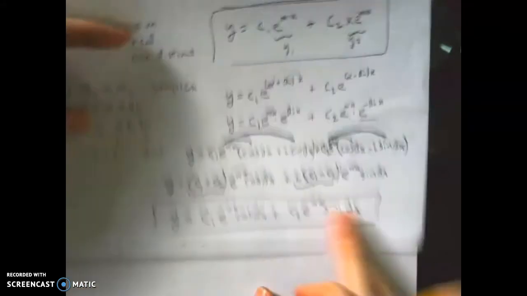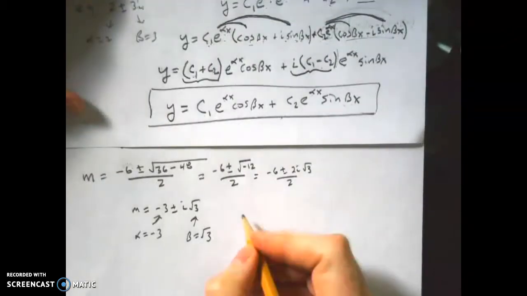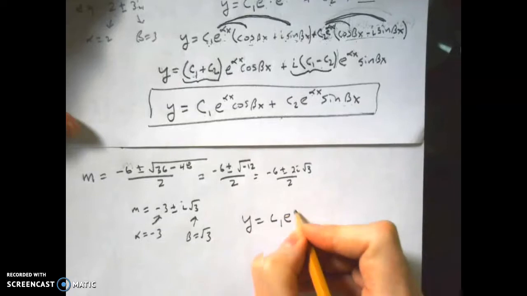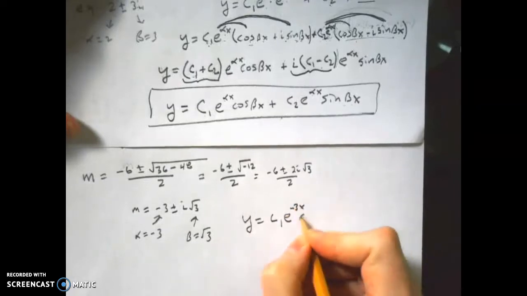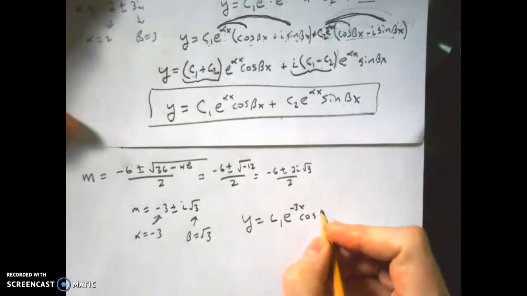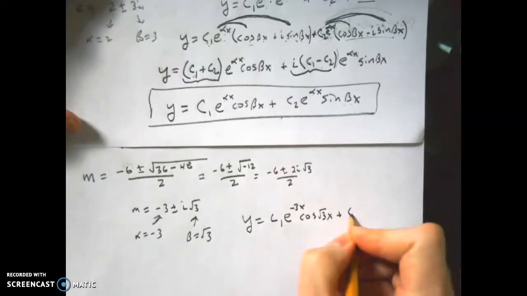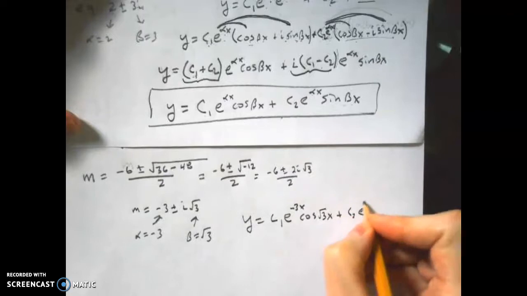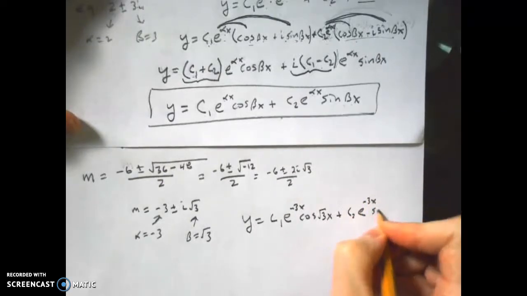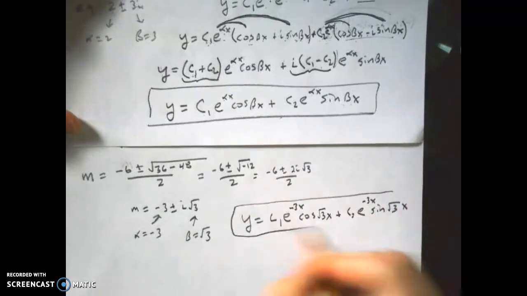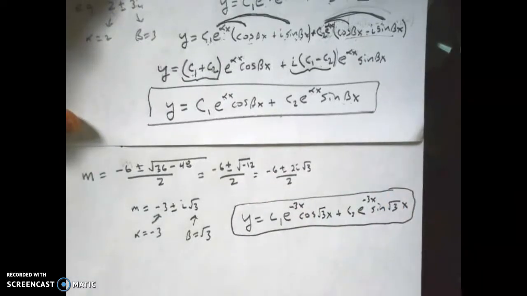So we get y equals c1 e to the negative 3x cosine rad 3x plus c2 e to the negative 3x sine of rad 3x. That is our solution, the general solution.